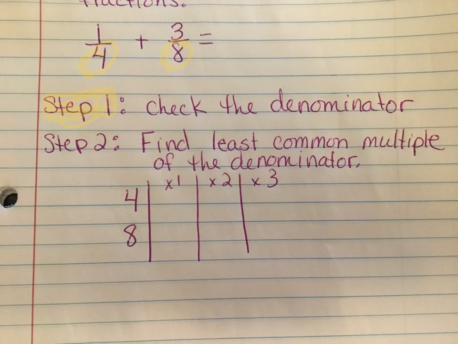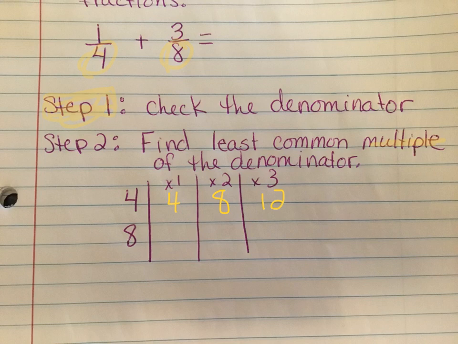Step 2 says find the least common multiple of the denominators. We've talked about multiples before. It's like times 1, times 2, times 3. We want to go until both 4 and 8 have a multiple that is the same. So 4 times 1 is 4, 4 times 2 is 8, 4 times 3 is 12, and we could keep going, but I'm going to stop there to see if I see something in common.